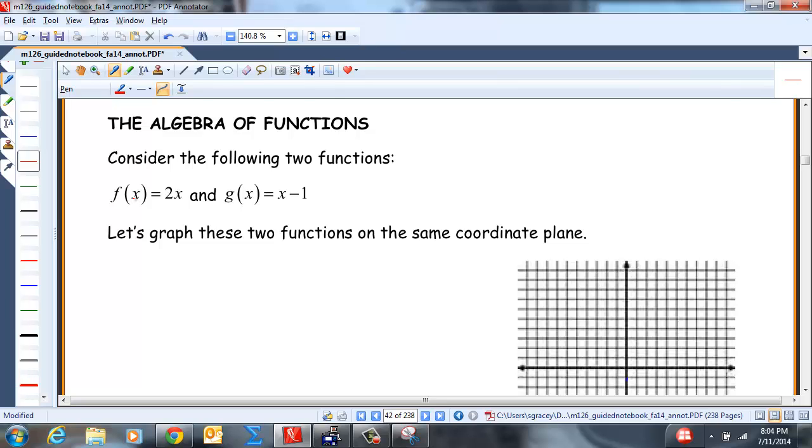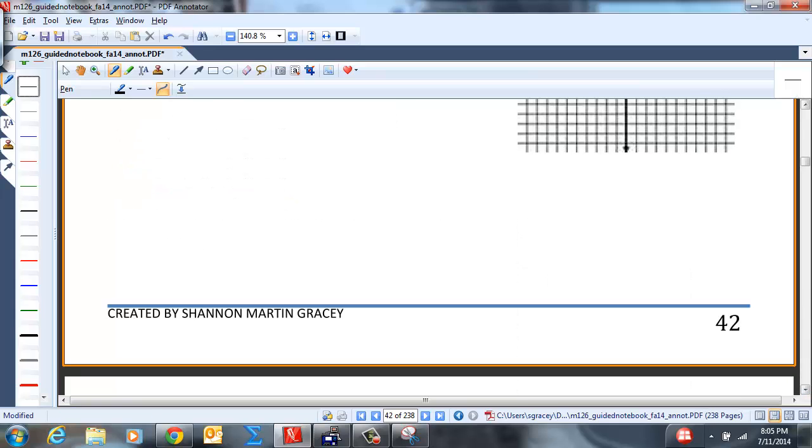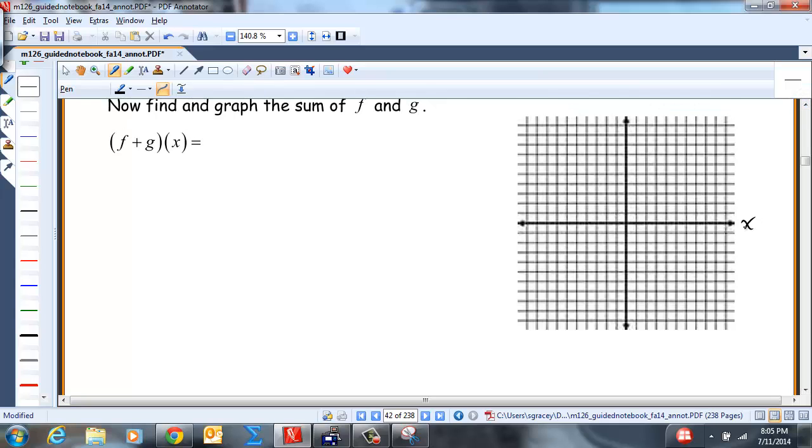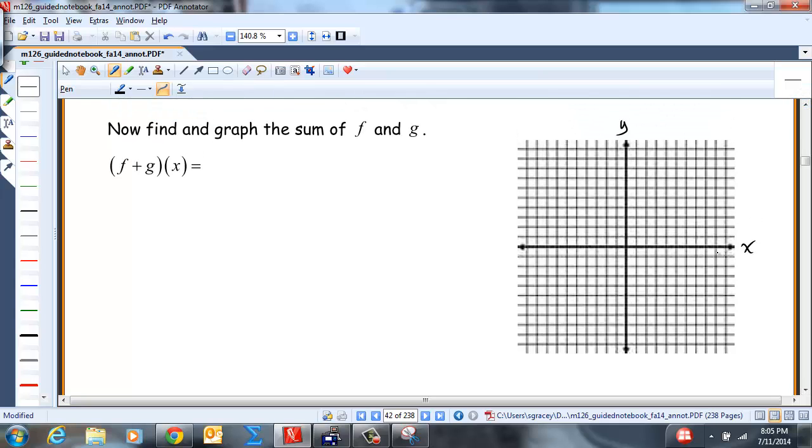So let's consider these two functions. Let's graph this function f equal to 2x in green and this function g, which is equal to x minus 1 in blue. So here we go. We'll name our scale. We can use the same. I'll just call it x and y for this one: 10, 10, -10, and -10.